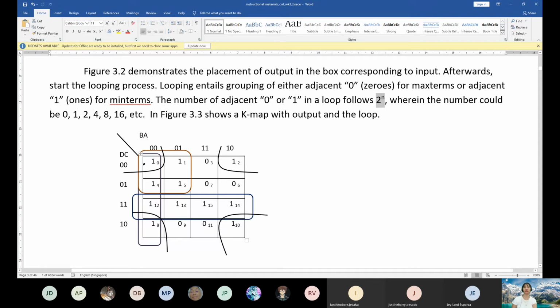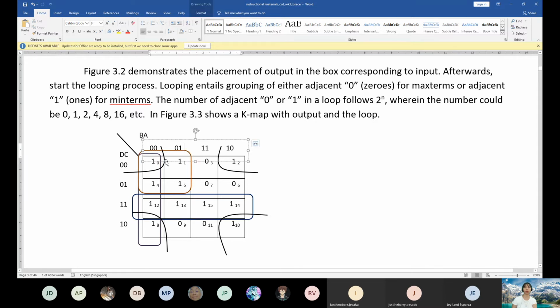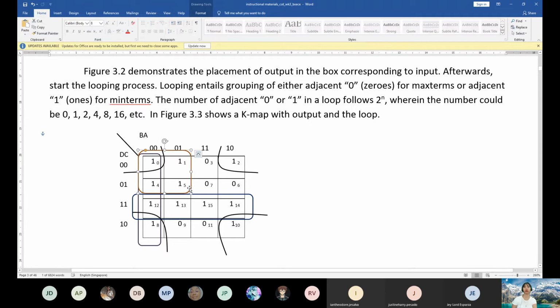So the first loop. We have 1, 2, 3, 4. We have 4 adjacent ones here. So this is the loop, colored brown or orange.